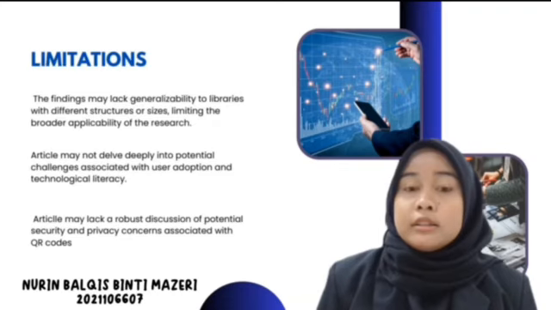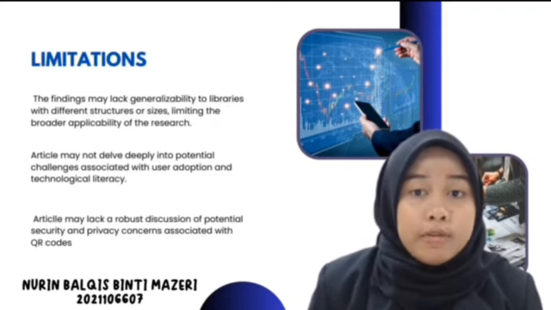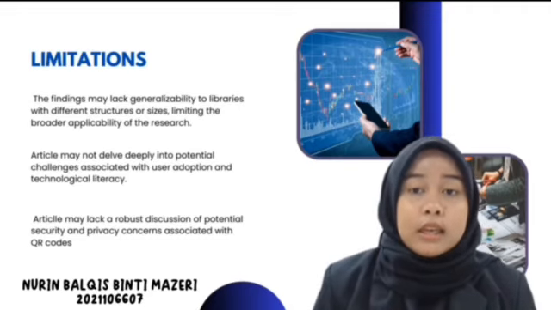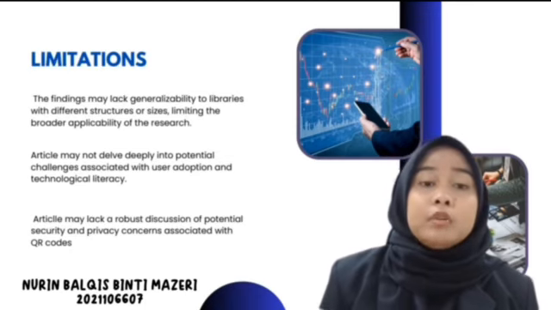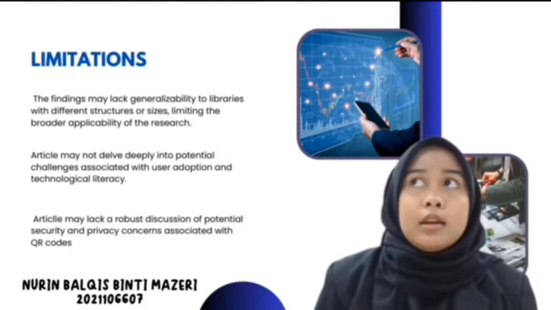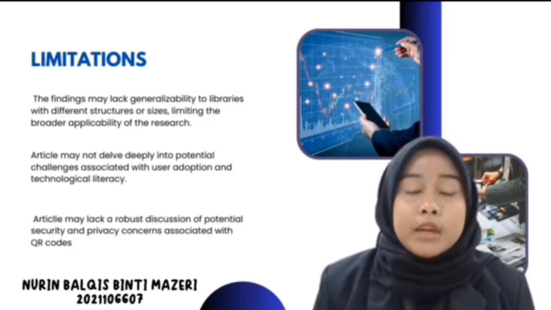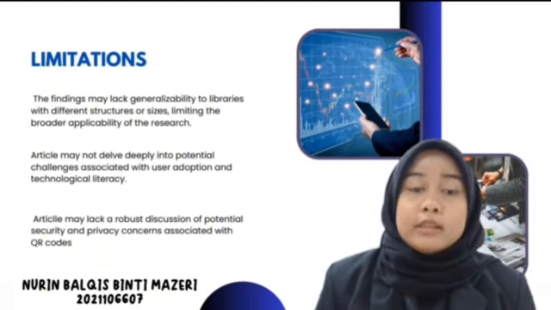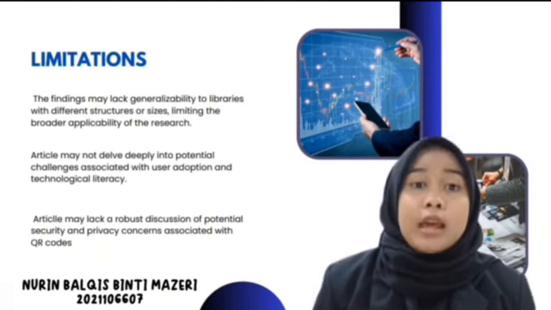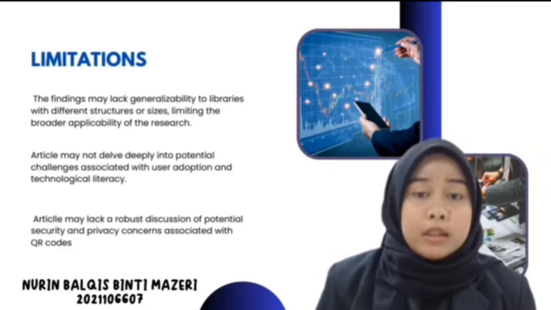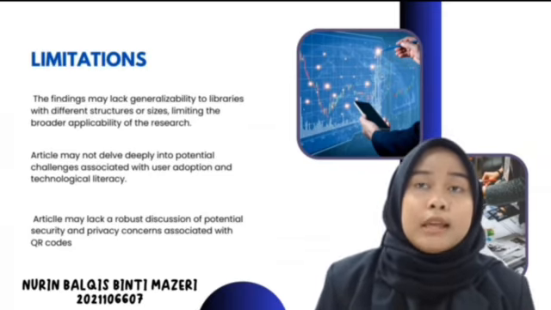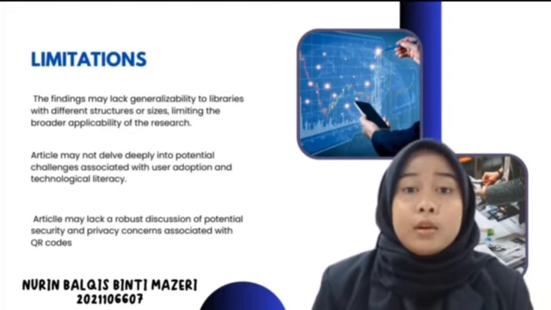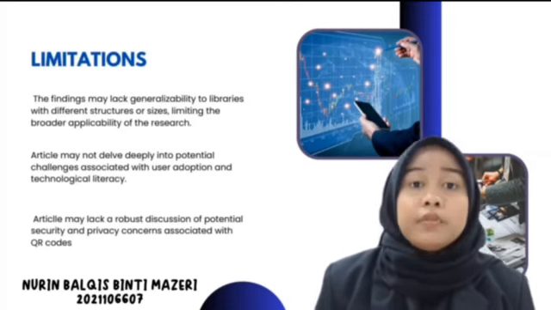Firstly, the study scope primarily focuses on the application of QR codes in the context of bibliographic records within the Hilton M. Briggs Library at South Dakota State University. As a result, the findings may lack generalizability to libraries with different structures or sizes, limiting the broader applicability of the research.